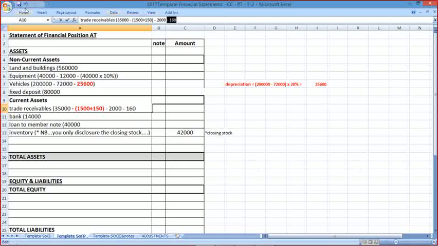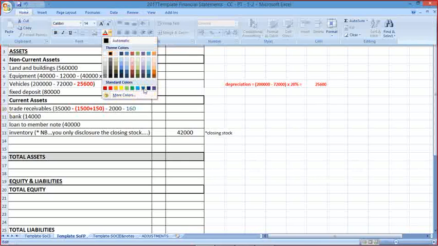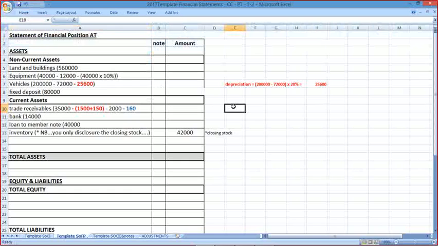Okay, there's something new that we need to highlight. That's a new account. It's similar to an allowance for credit losses.